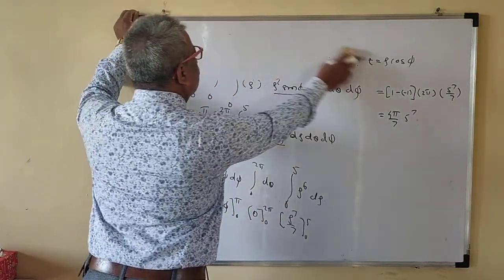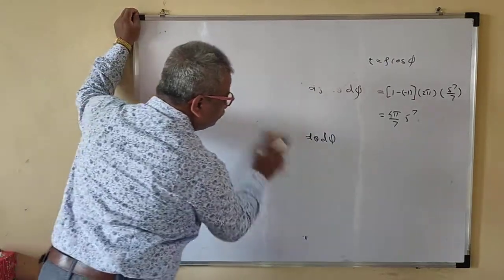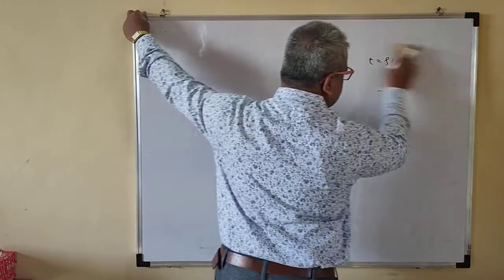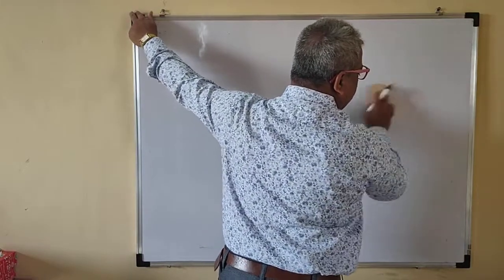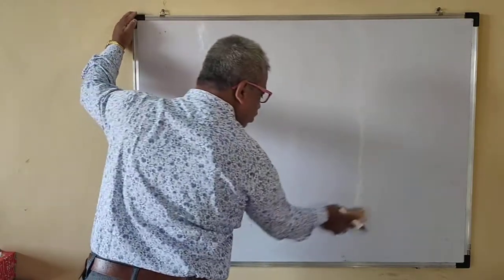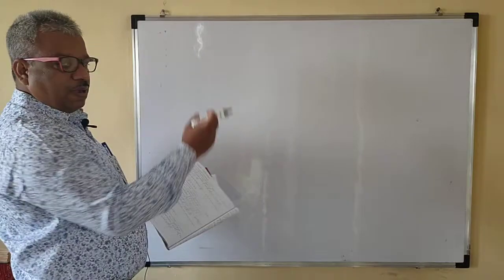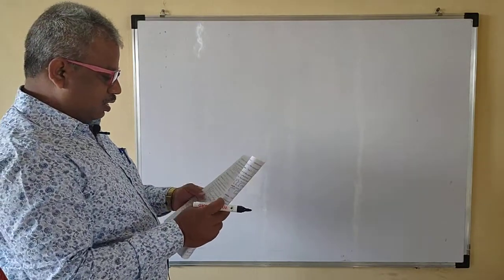Keep this 5 to the power 7 as it is. No need to write the value of this, because in this exam any type of calculator is not allowed here. So you cannot find the value of 5 to the power 7 easily.